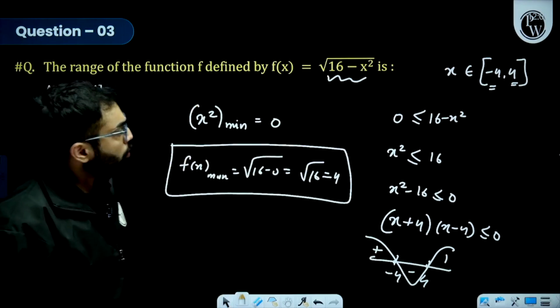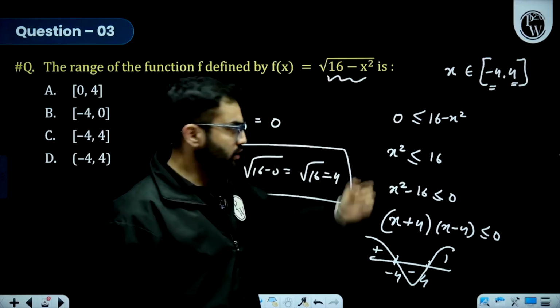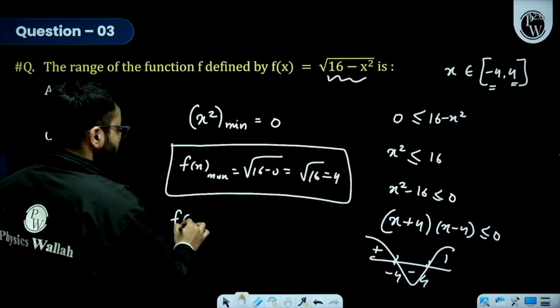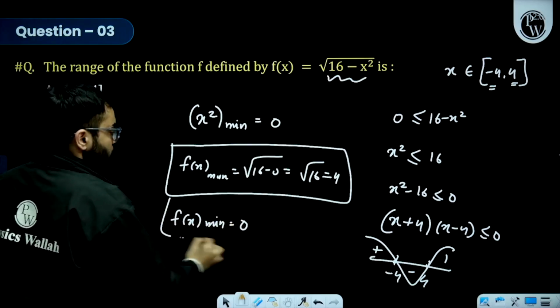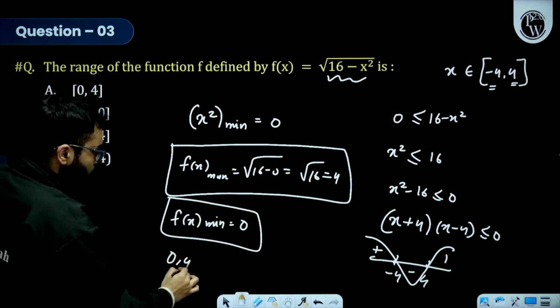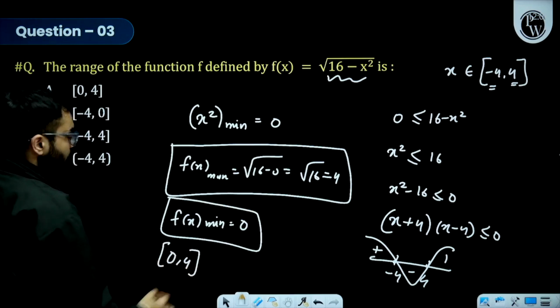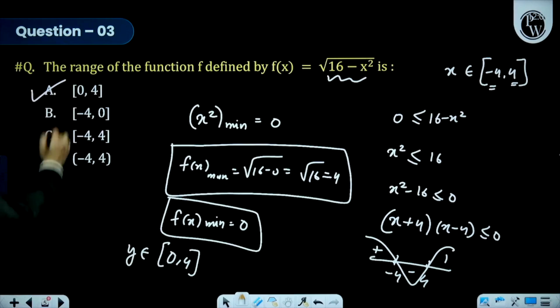The minimum value of a square root function is always 0, so f of x minimum is going to be 0. The range of the function is 0 to 4, where both 0 and 4 are included. Looking at the options, option A matches our answer, 0 to 4. I hope it is very clear. Let us move on to the next problem.